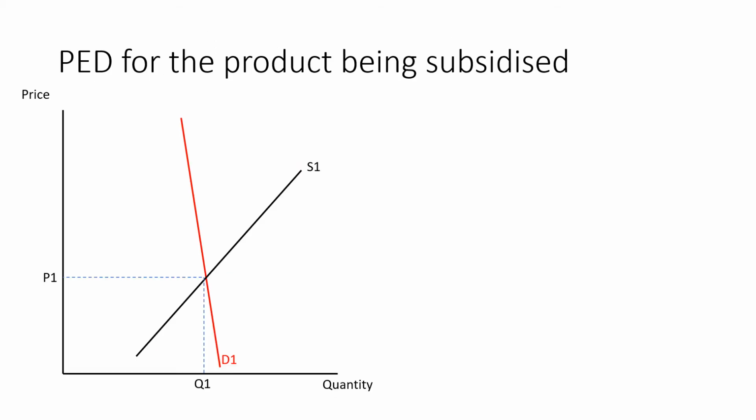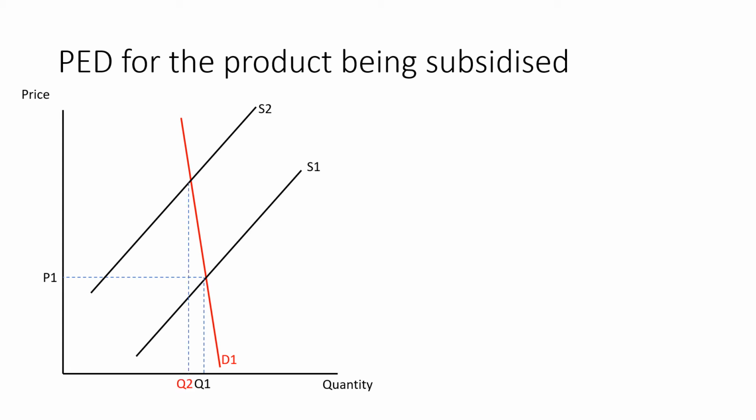Another factor is the price elasticity of demand for the product that's receiving the subsidy. So, as you know, removing a subsidy will increase the cost of production, so it will reduce profit margins. So firms will respond to that fall in profitability out of self-interest by decreasing supply. So that's why the supply curve shifts to the left from S1 to S2.